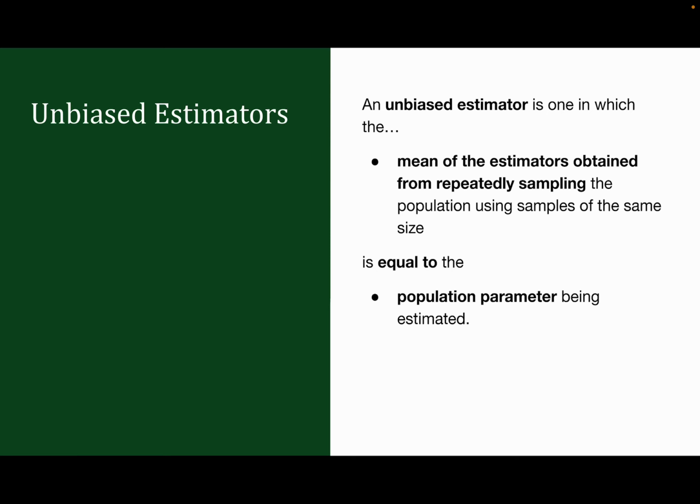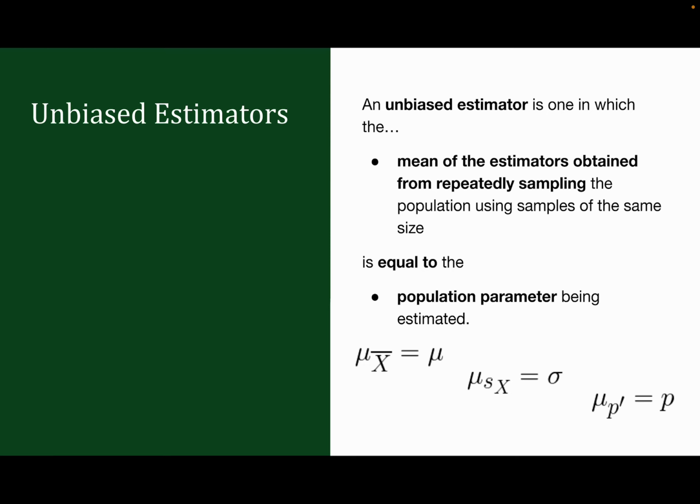You'll notice that this is one of the relationships that we see for sampling distributions, and that's why we like sampling distributions. So the three things that we might estimate: if we're estimating an average or a mean, we expect that the mean of the sample means is equal to the population mean.